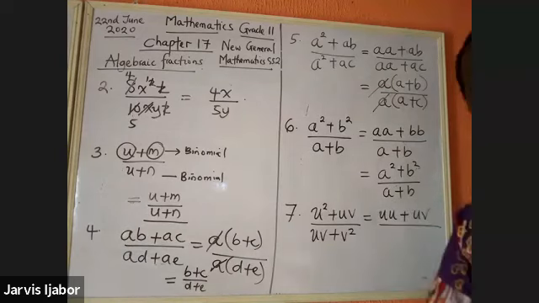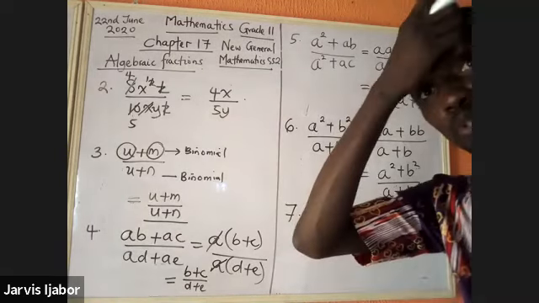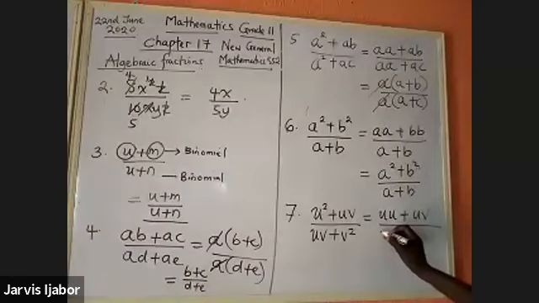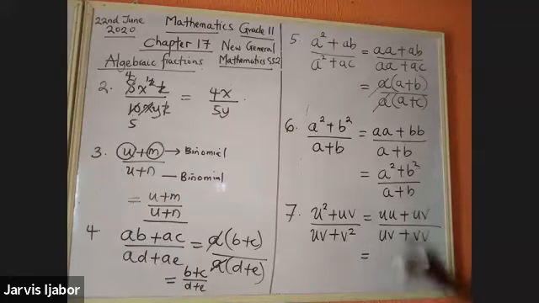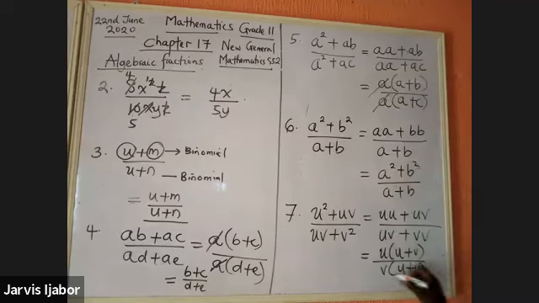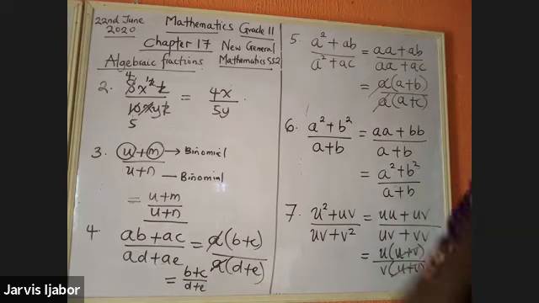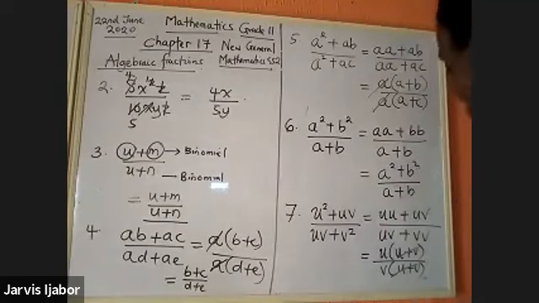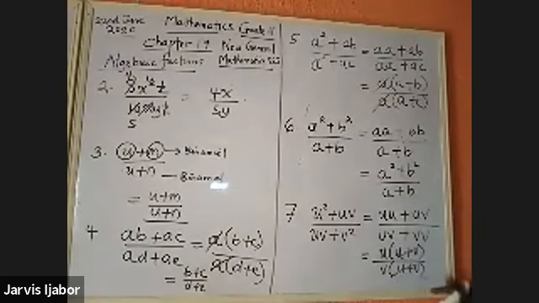This is to help you build your understanding of what I intend to achieve, over uv plus vv. I can easily pick v out, u plus v and u plus v. So in this case, u plus v can cancel out compositely, because if you look at this, u plus v is a factor.